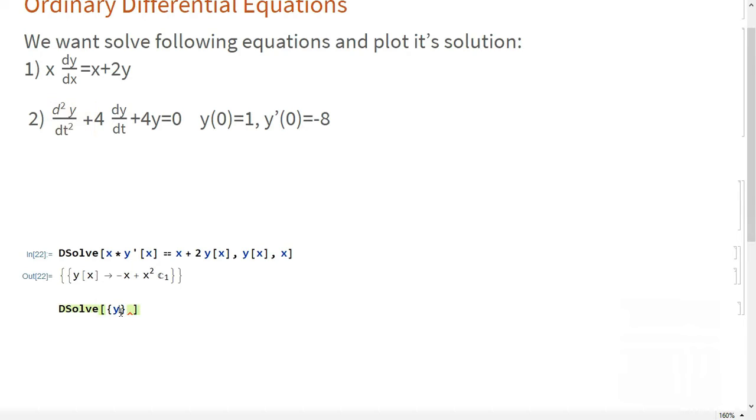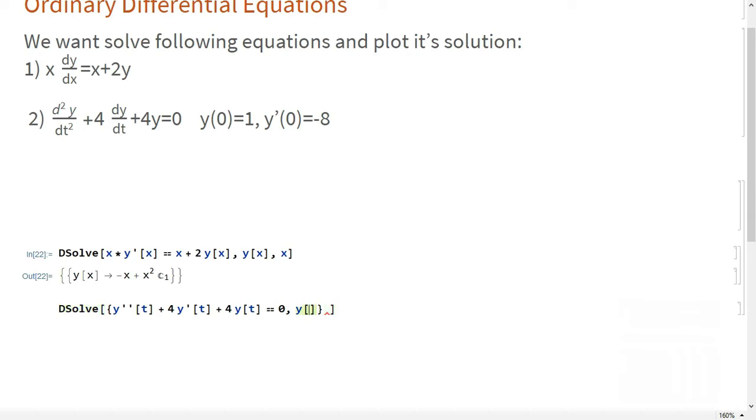So let's type y double prime. This double prime denotes the second derivative of t, plus 4y prime. Again it's a function of t, so finally you type 4y of t double equals 0.